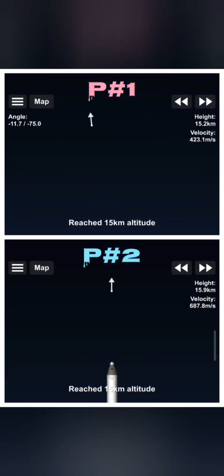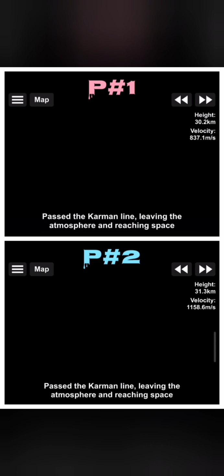we have a 15 kilometer altitude difference. The velocity of rocket 1 is near 423 meter per second, and the velocity of rocket 2 is 687.8 meter per second. Next, this is common line difference.